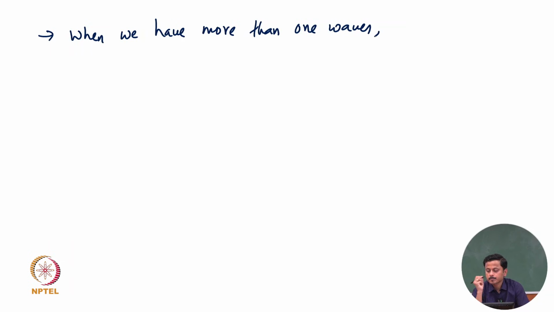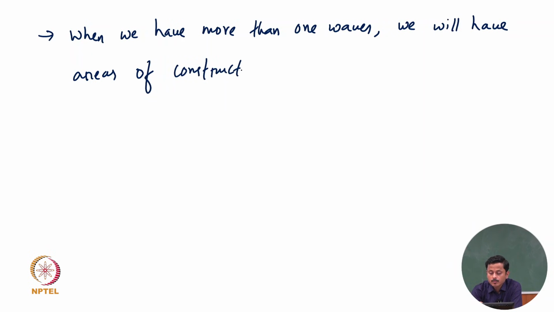So when we have more than one wave, we will have areas of constructive and destructive interference.